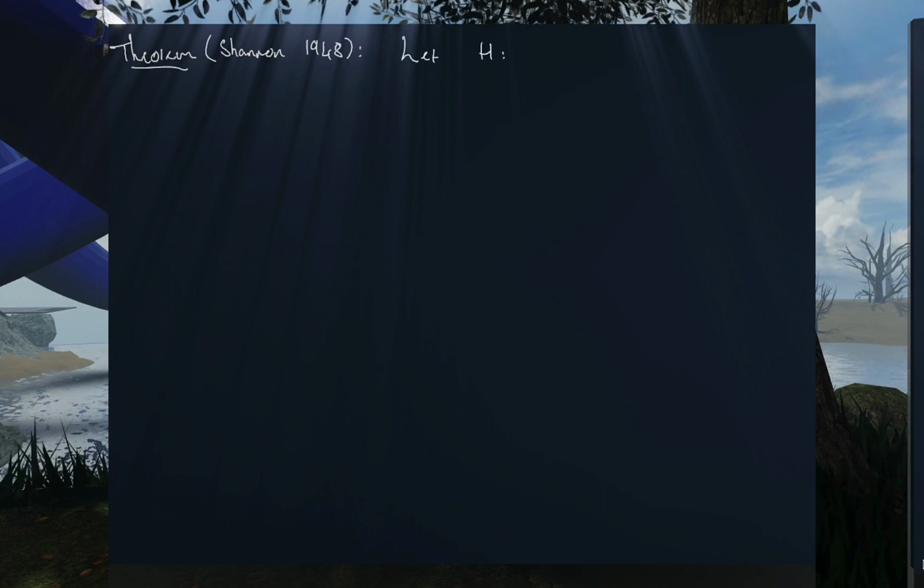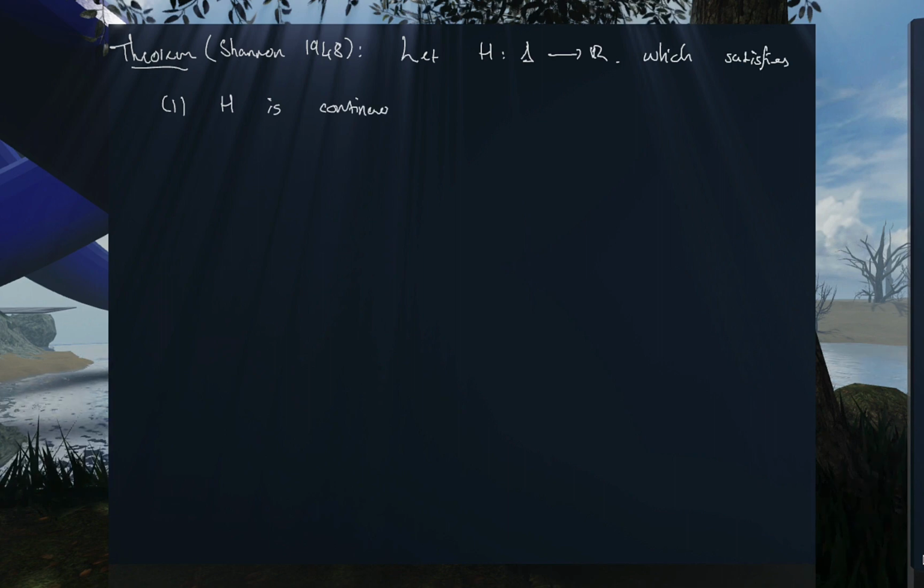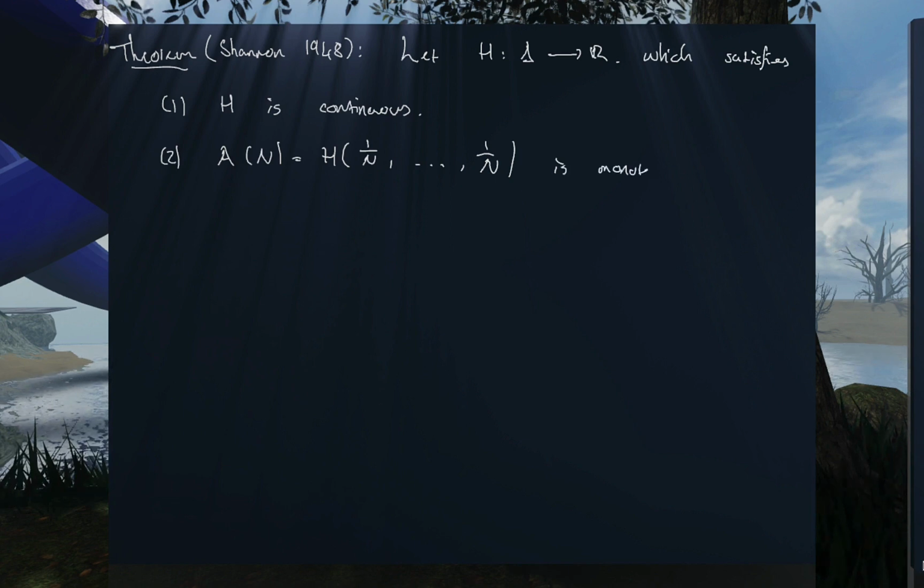So we'll let H be a function from the set of finitely supported probability distributions, which satisfies the following assumptions. 1, H is continuous. 2, the function which we define like so is monotone increasing in n.